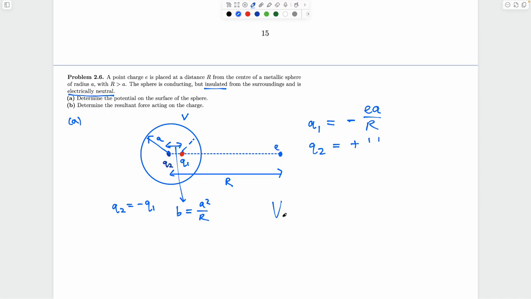So the answer is just V at the surface is 1 over 4 pi, and so on.